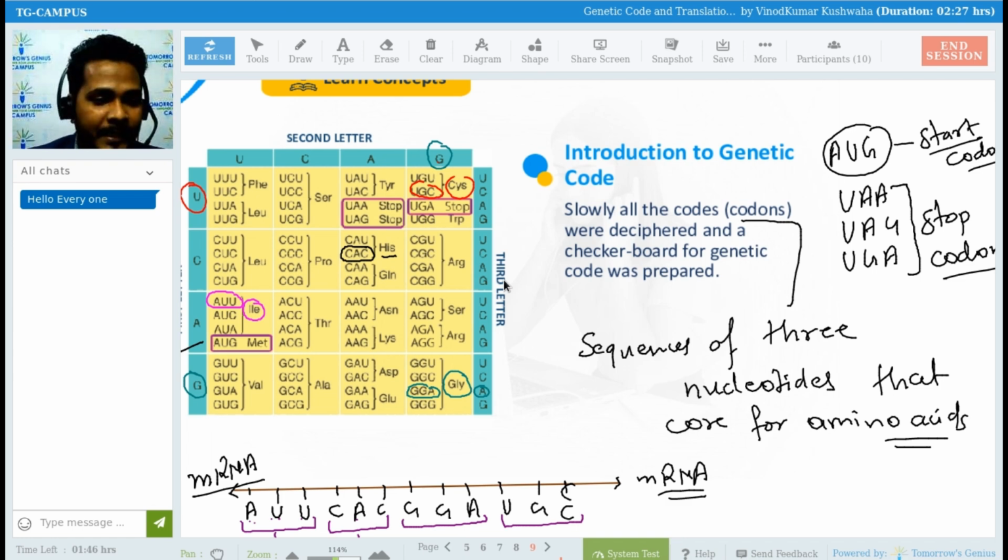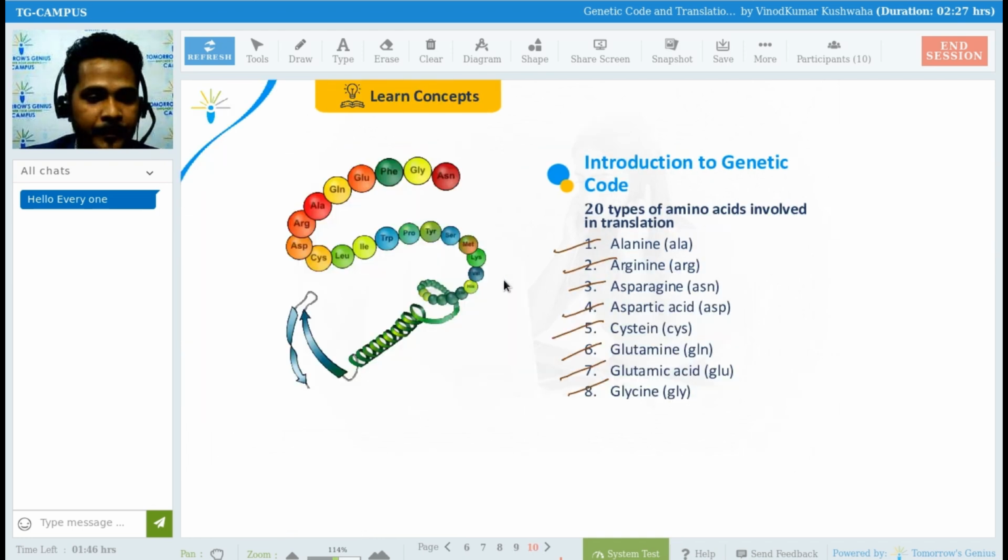UAA, UAG and UGA, these are the 3 stop codons, and that's why these codons do not code for any amino acid, and that's why we have a total of 21 codes. So out of 64, 3 do not code for any amino acid, and they are called the stop codons, right? Yes.